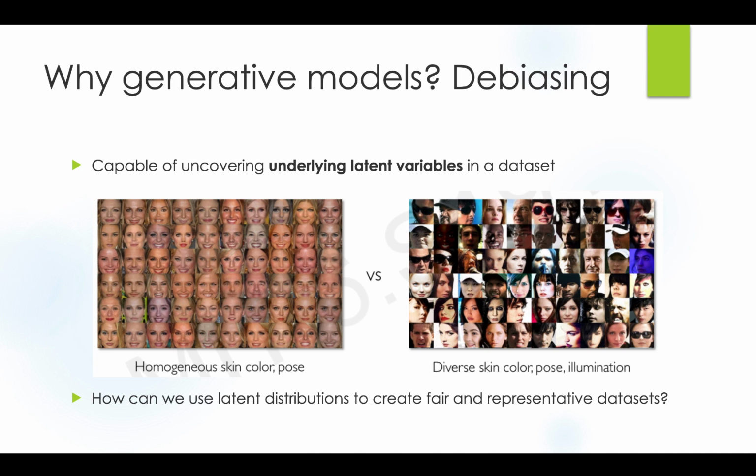And it could lead to unwanted bias if we're going to be training a classifier on this very homogeneous data set. So what we can do is use a generative model to learn the latent variables present in this dataset and automatically discover which parts of the latent space are underrepresented or overrepresented. That way we can use our latent model to create a new fair and representative data set.